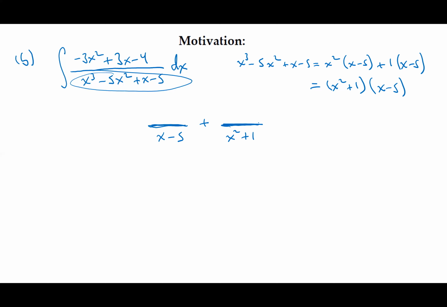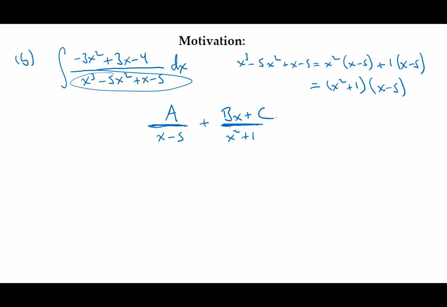Let's think of these as proper fractions. So from a polynomial perspective, that means the numerator would have to have a lower degree than the denominator, which means for my first rational function, that's just some constant, a. Now I've got x squared plus 1 as my second denominator. And in that case, I'll have a linear numerator, bx plus c.